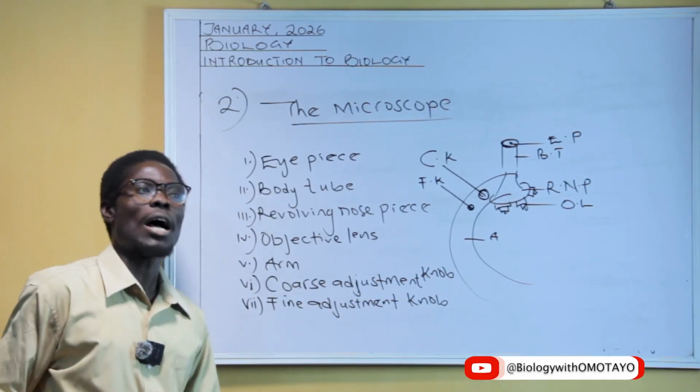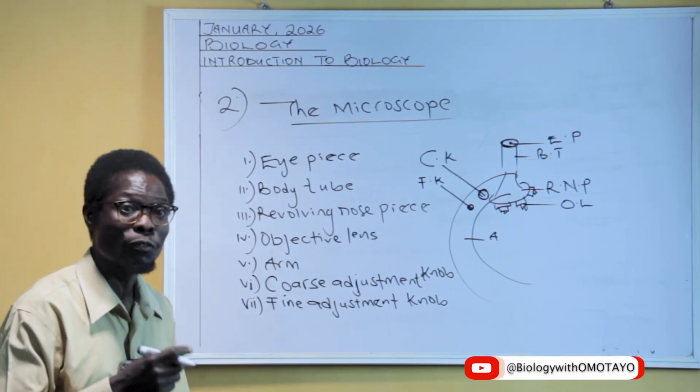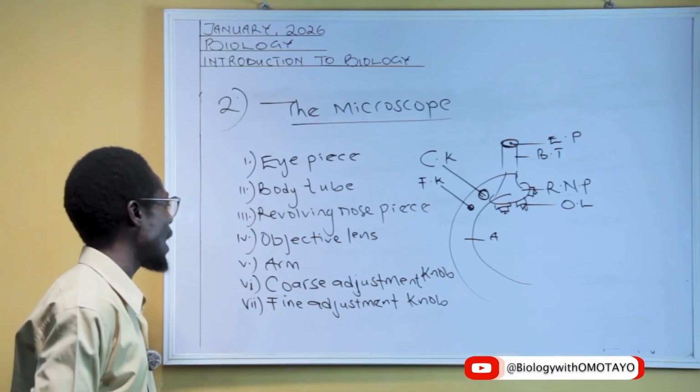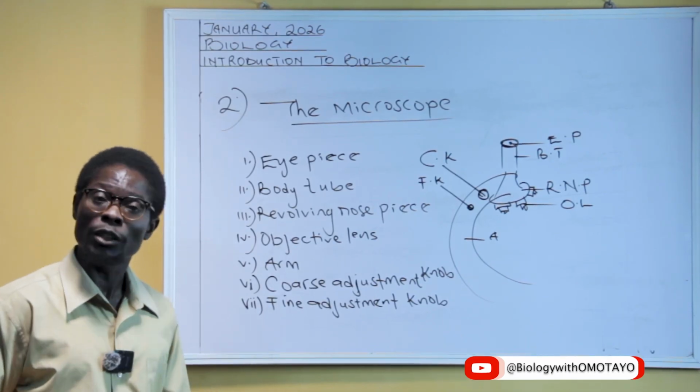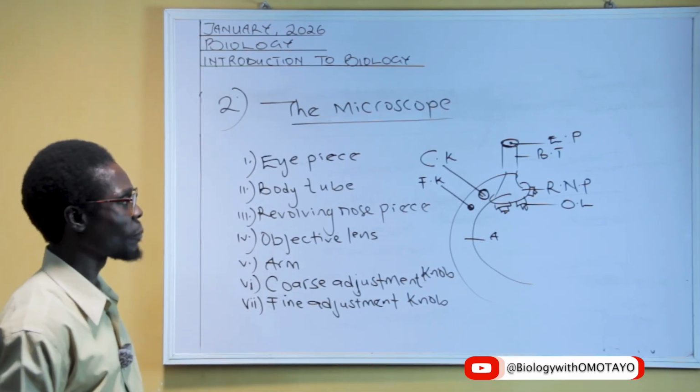Okay, now the coarse adjustment knob is for focusing the organism to be viewed under low power, while the fine adjustment knob is for focusing organism to be viewed under high power.